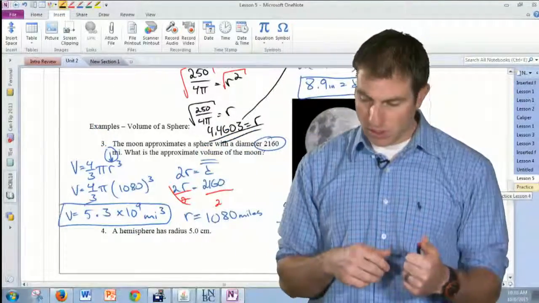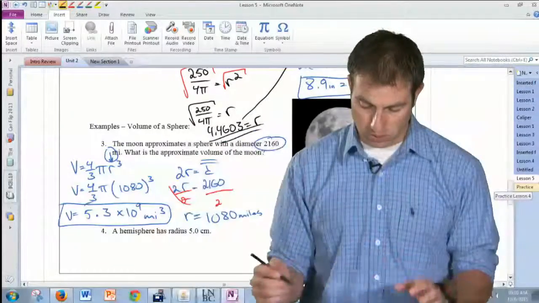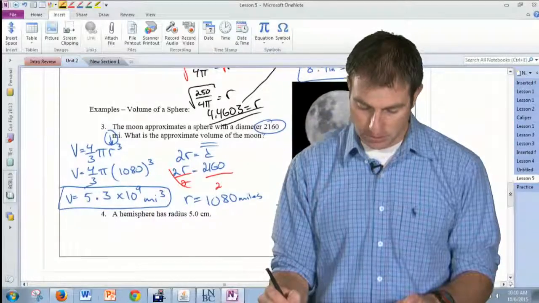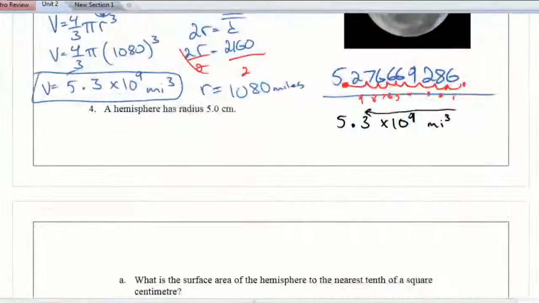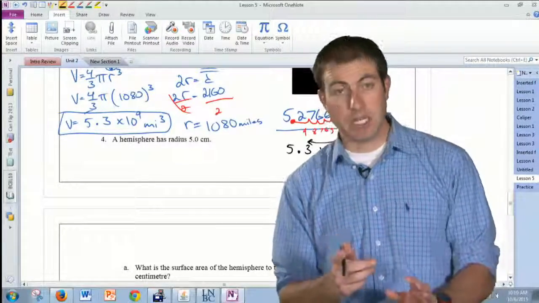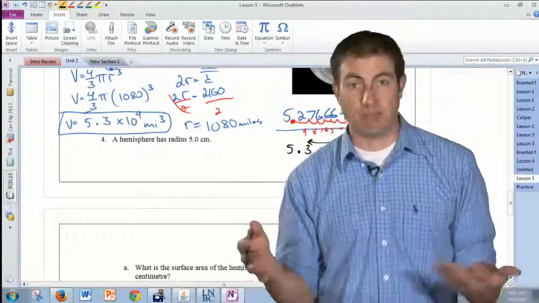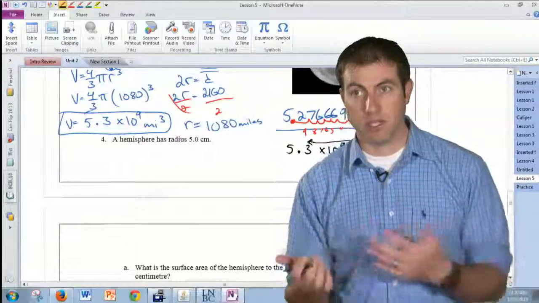The next question, I wish this had dropped down to the next page, but it didn't. So I'm just going to see if I can get between the pages. A hemisphere has a radius of 5 centimeters. First of all, do we remember what a hemisphere is? Do we recall what a hemisphere is? And I will mention that your formula sheet doesn't have any mention of hemispheres, but sphere, hemisphere.